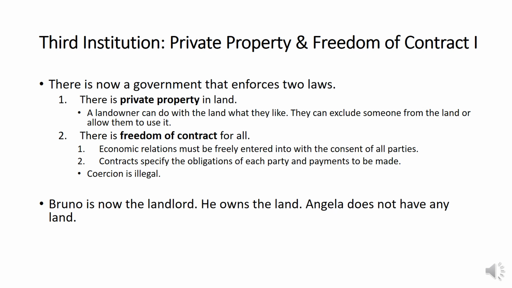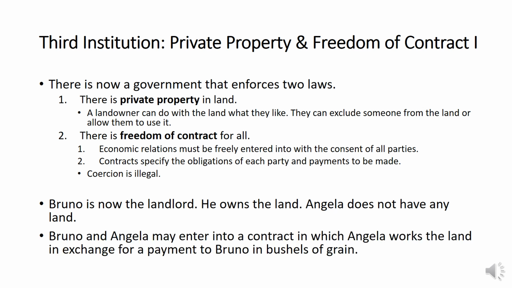And Angela is someone who doesn't have land. She only has her labor to offer. And so in this institutional setting, Bruno and Angela might enter into a contract in which Angela works the land in exchange for a payment to Bruno of part of the output in terms of grain.